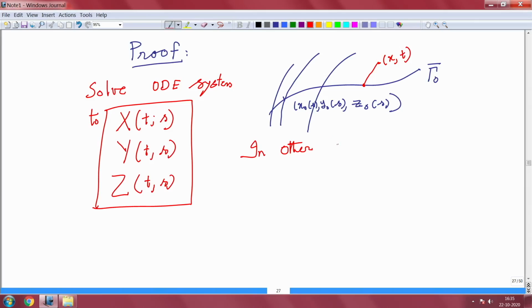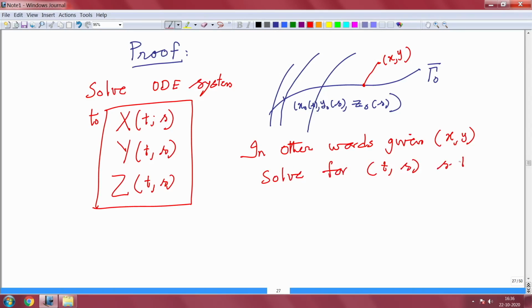In other words, given (x, y) in a neighborhood of gamma naught, wherever it is, solve for t, s such that x is equal to x(t, s) and y is equal to y(t, s).